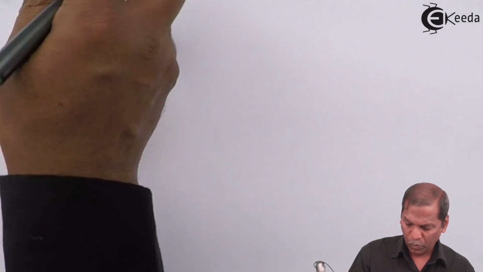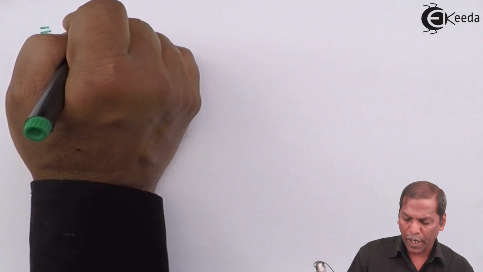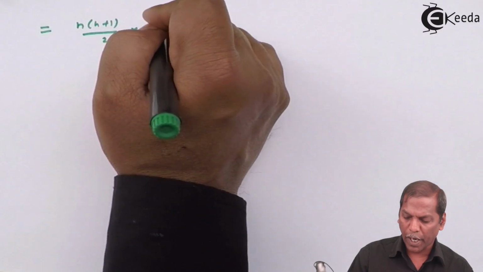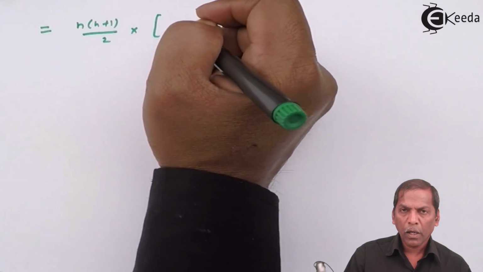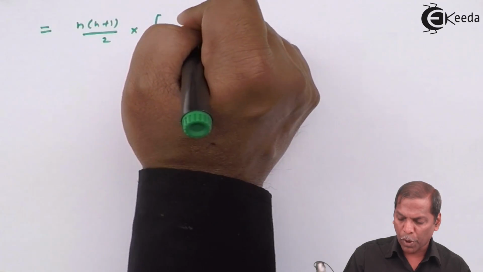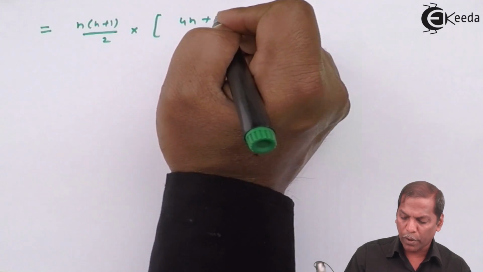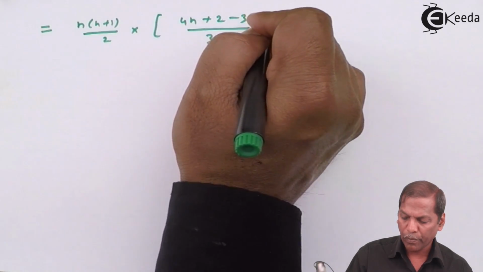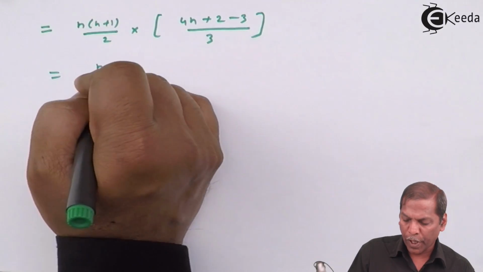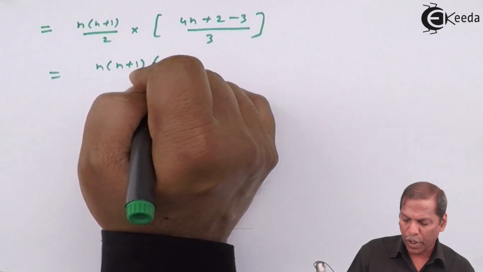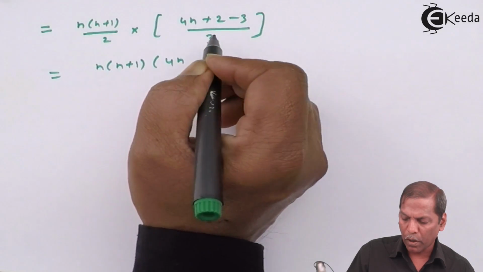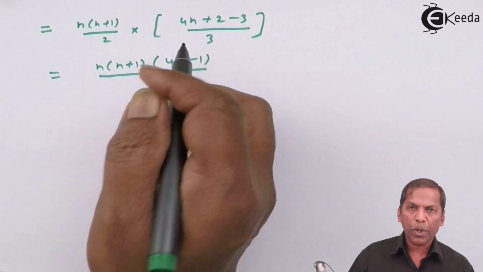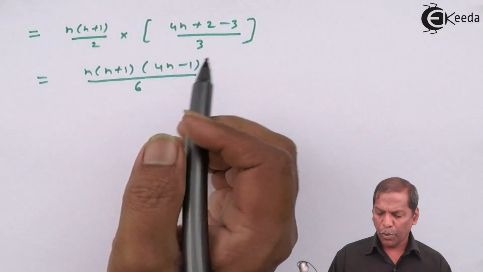So that equals, we write n into (n plus 1) upon 2 as it is. Then in the second bracket, if we simplify, 2 into 2n gives 4n, plus 2 into 1, that is 2, minus 3 upon 3. So in this way we get n into (n plus 1) into (4n minus 1), whole thing divided by 2 into 3, and 2 into 3 gives 6.